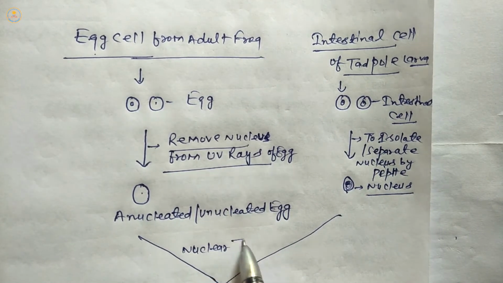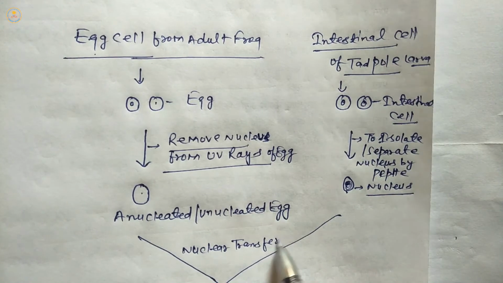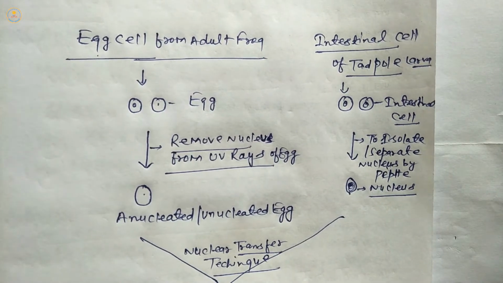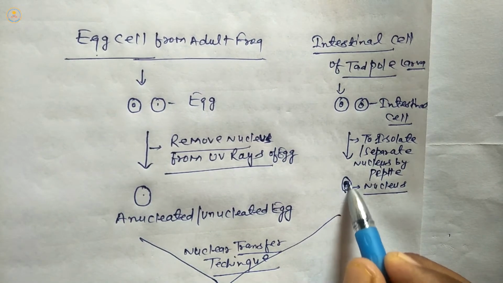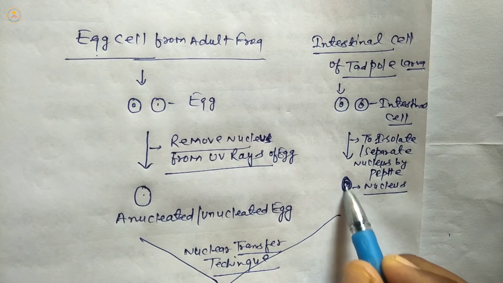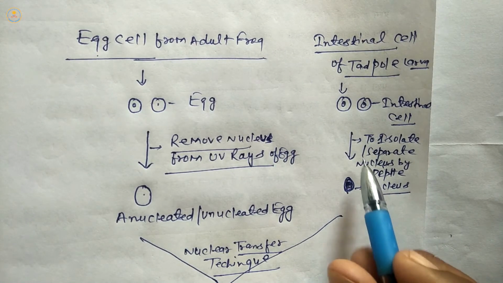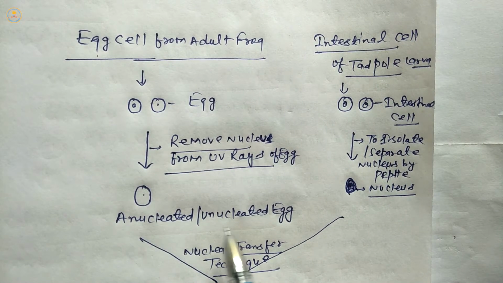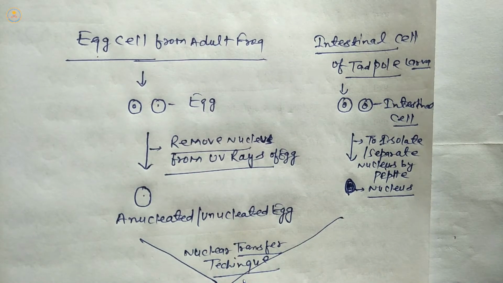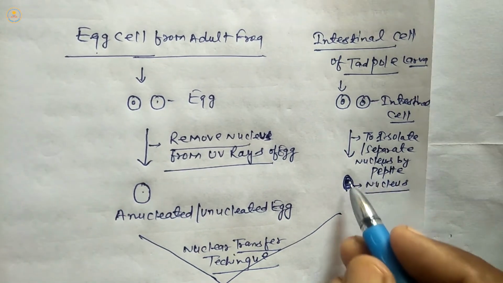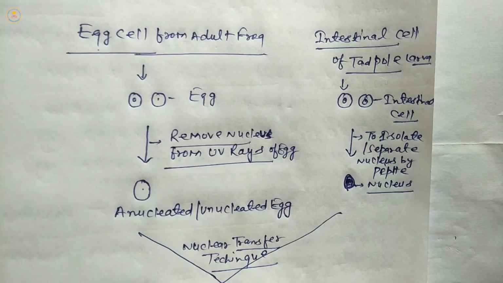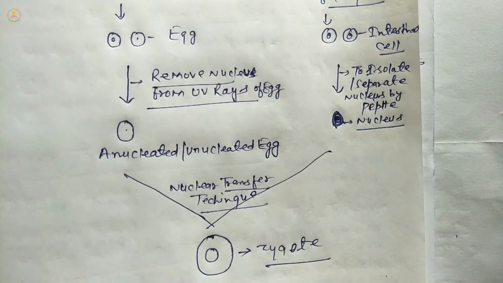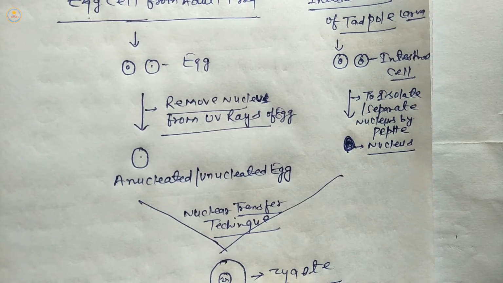The nucleus removed from the intestinal cell by pipette is transferred into the anucleated egg. The nucleus is diploid, so this cell is called a zygote, because a zygote is a single diploid cell.